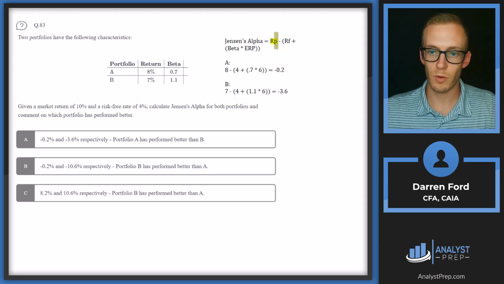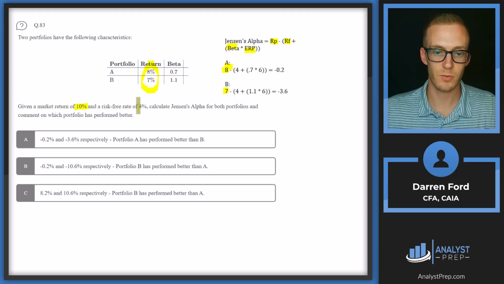So the return of the portfolio is going to be this first column here. So we'll have 8% for A and 7% for B. And then subtracting out the risk-free rate plus beta times equity risk premium. And equity risk premium is going to be 10% minus 4%, so return above the risk-free rate.